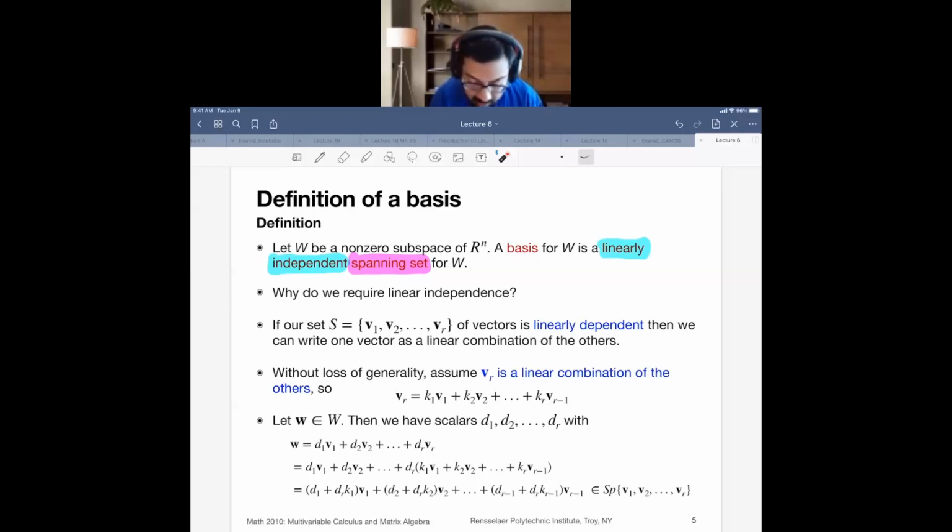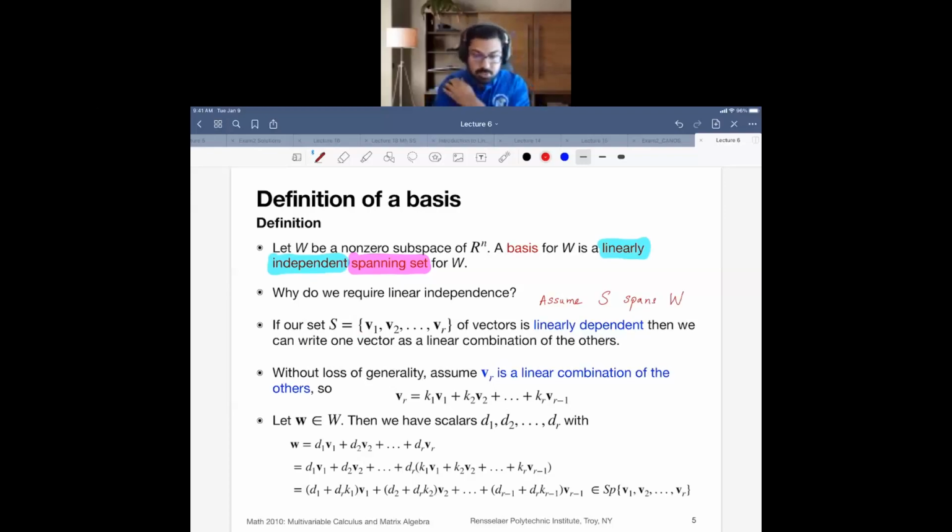So let's try to see if our set S had these vectors v1 through vr, and I'm going to assume, here, let me do it in red, that my S spans W, right?